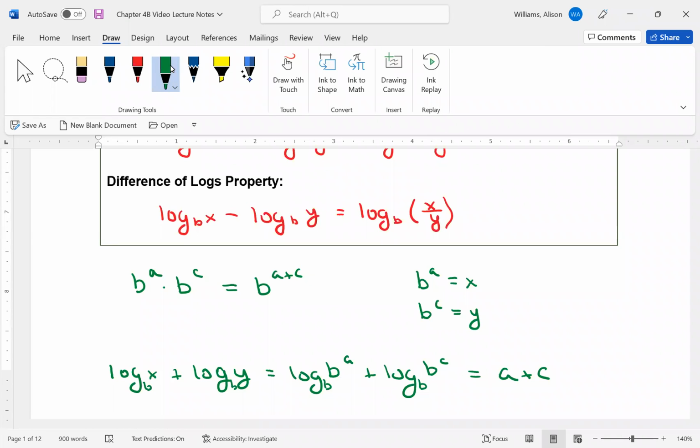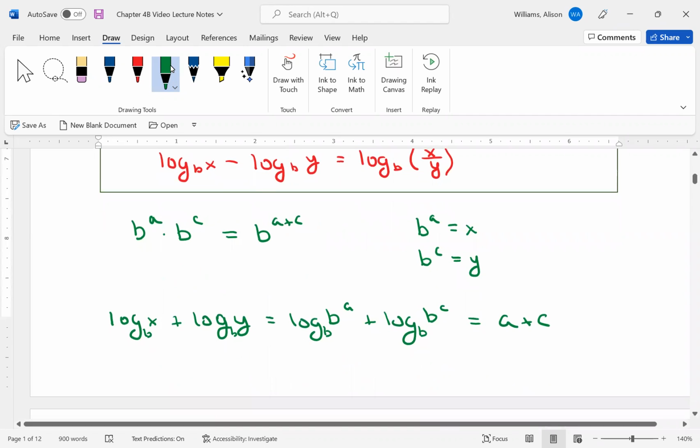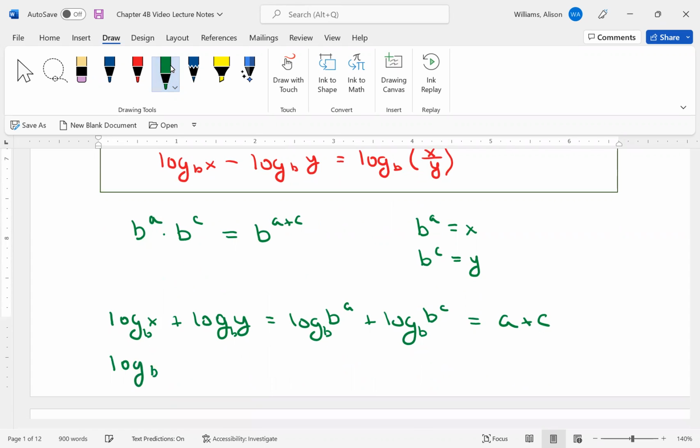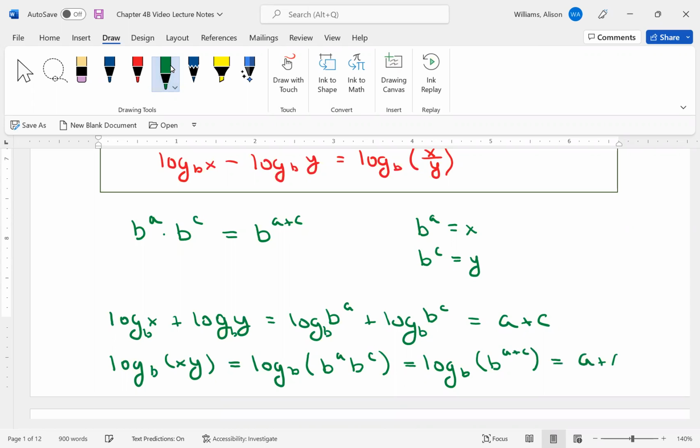And what we started with was adding the logs of x plus y. But if you do the log base b of x times y, that's the log base b of b to the a times b to the c, which can be written as log base b of b to the a plus c, which also equals a plus c, using the inverse properties.